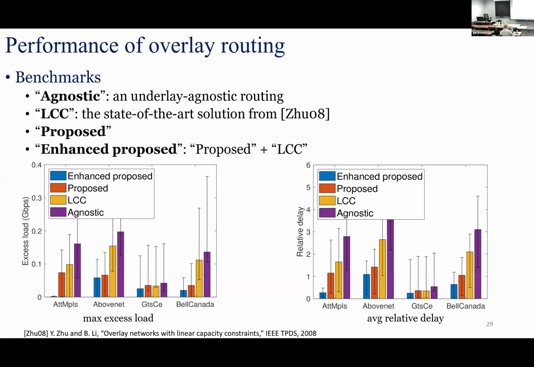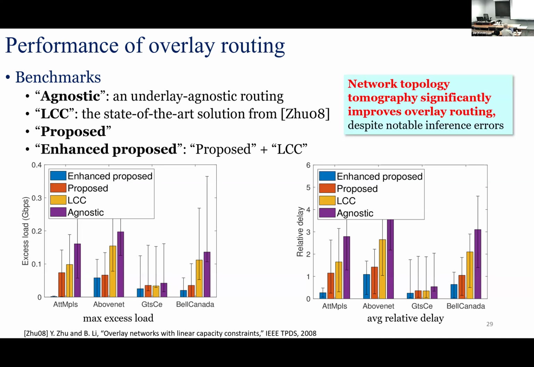You may detect this subset, which can still help you to reduce the congestion. So the conclusion is that although we see from the absolute detection results that the inference part still has a large room for improvement, the result already shows a promising improvement, at least from the perspective of routing large flows among overlay nodes.